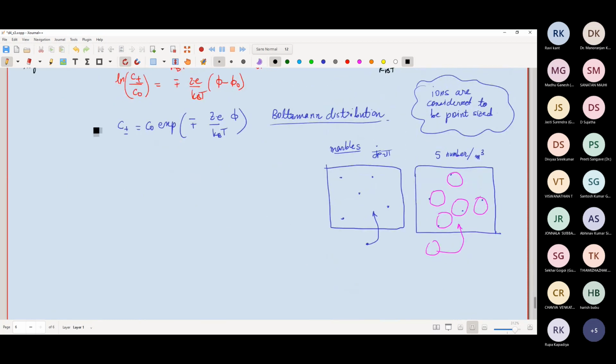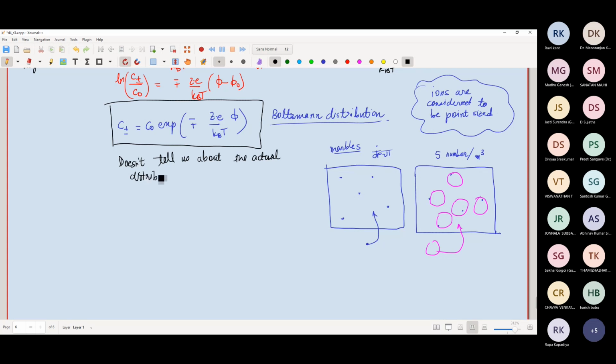Now we have obtained what the Boltzmann distribution is, but this expression does not tell us about the actual distributions.